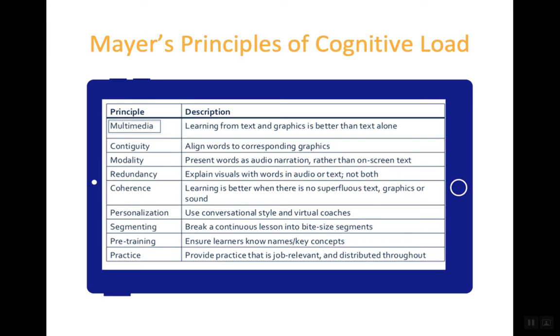Learning is also better when graphics and text are aligned next to each other. It's important to be personal in the presentation, so using a conversational style, using inclusive language, and really presenting material that is of interest to the audience.